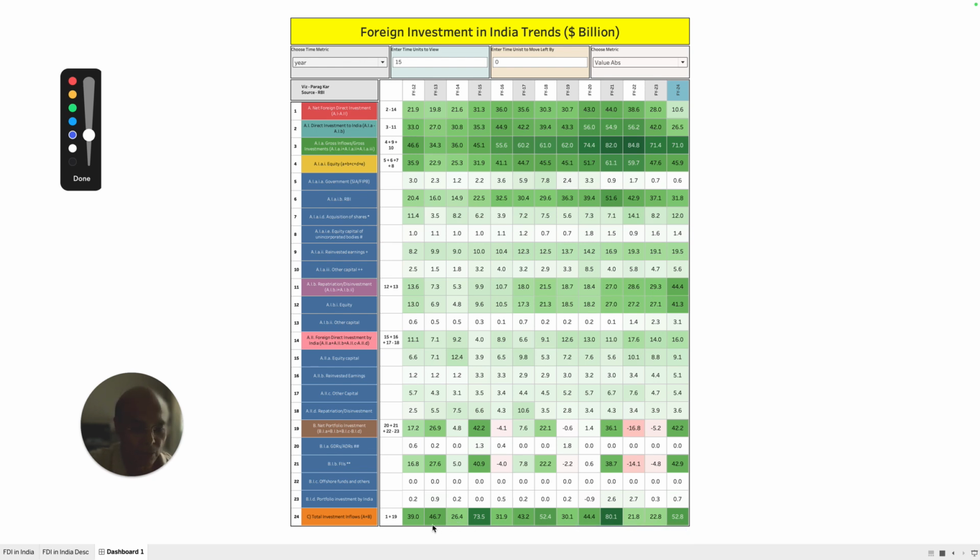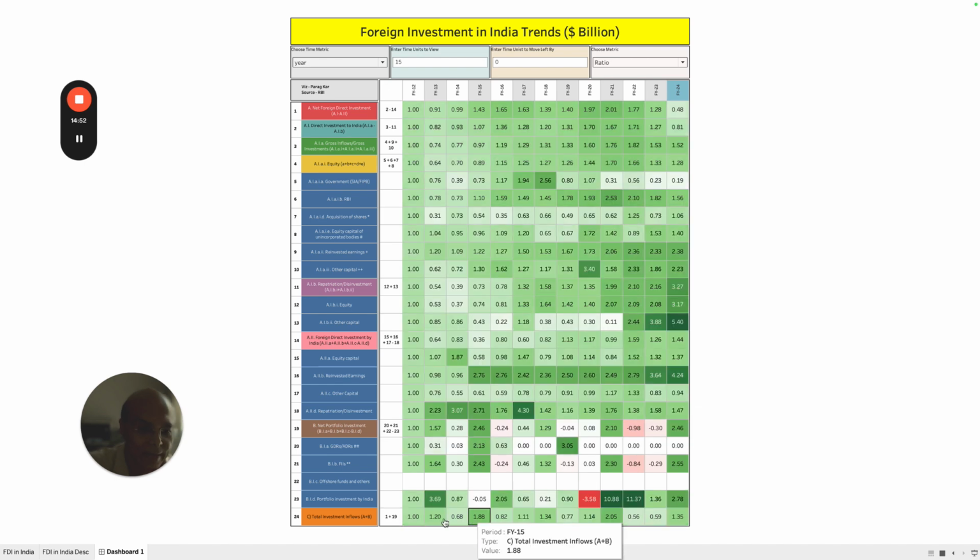So if you look at the total investment number, and let me take the ratio, because that will give us a very good picture, you'll find that if I take the reference in FY12 as 1, the number that we see in FY24 is 1.3 times what we saw in FY12. Though numbers have been fluctuating a little bit here and there, and we saw a peak of 2.05 times in FY21, this year the number is 3.35.